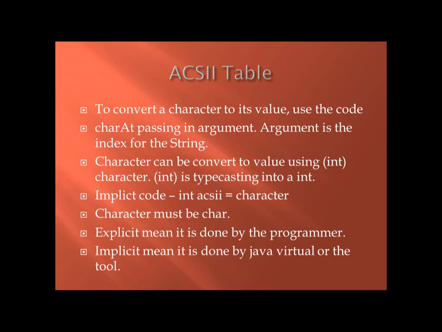I didn't cover that in the program, but we can use charAt. It takes one argument, and that's only when you're using the String object. The argument is the index of the string, and remember it's a zero-based index. Do not forget that. So 0, 1, 2. It's really not important in this episode, but it's best if you know that.